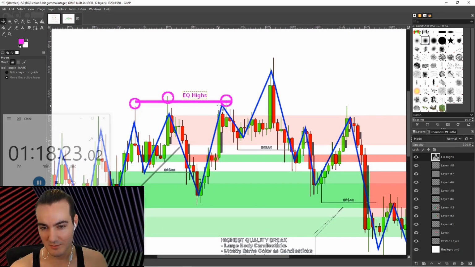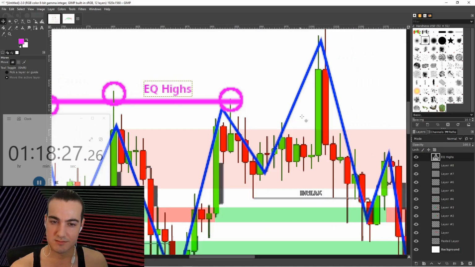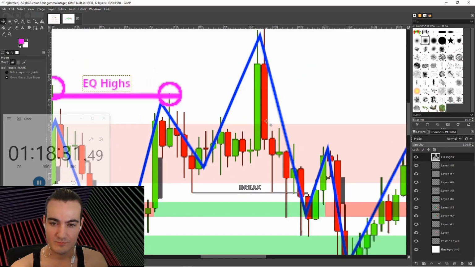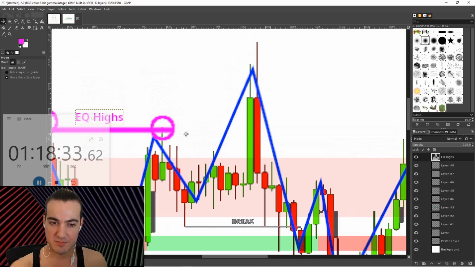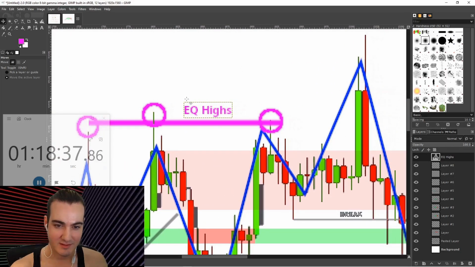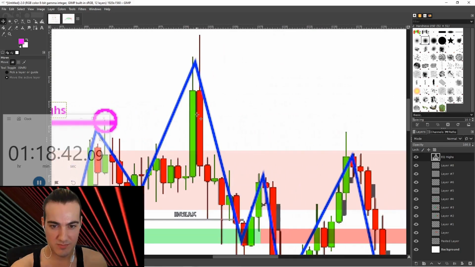But then we make another higher high. Then price ranges for a bit before shooting up to take out all the stops that I assume are associated with this level here, coming back down again.